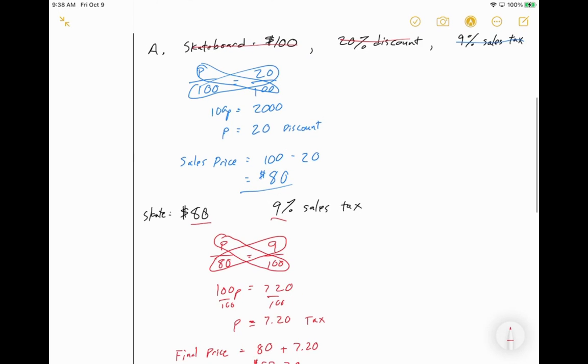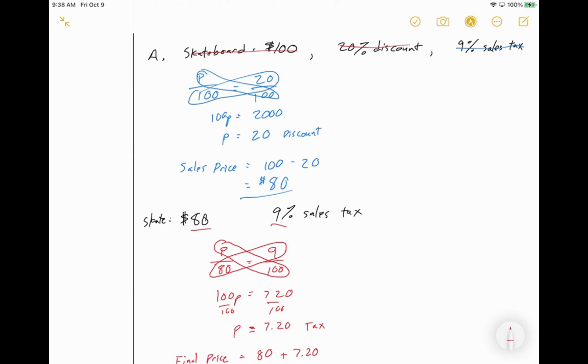Okay. If you're someone who likes to go really fast, what you could have done is this. You would have said, and if you don't understand this, that's okay, this is like the super fast method. You would have said, okay, the sales price is equal to 0.8 times 100, 80%. So the sales price is equal to $80.